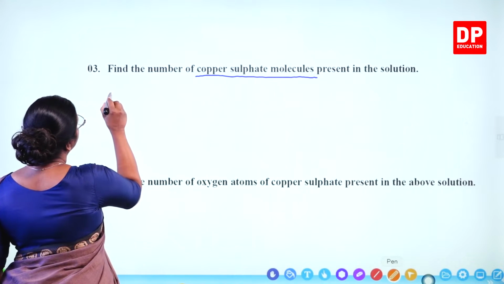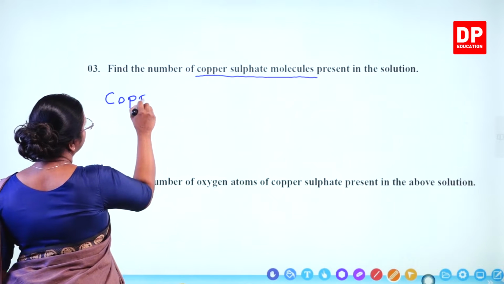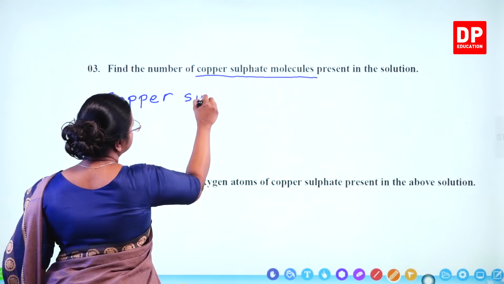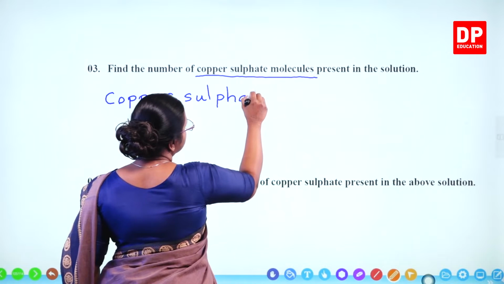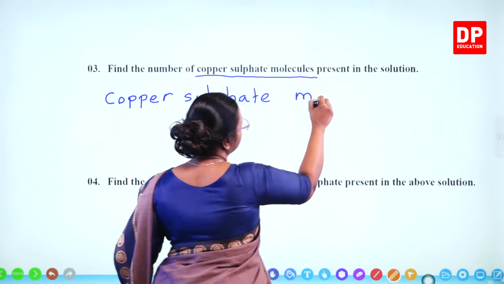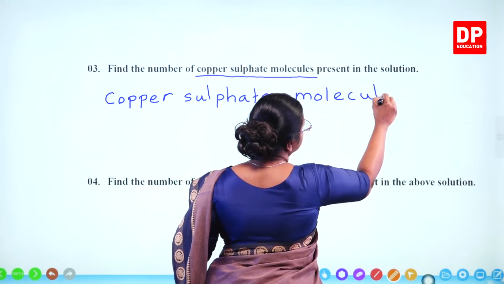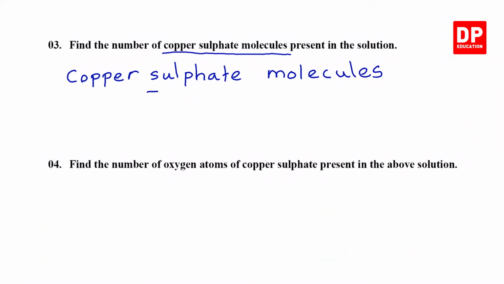So here copper sulfate molecules equal 0.1 mole into 6.022 into 10 to the power of 23.